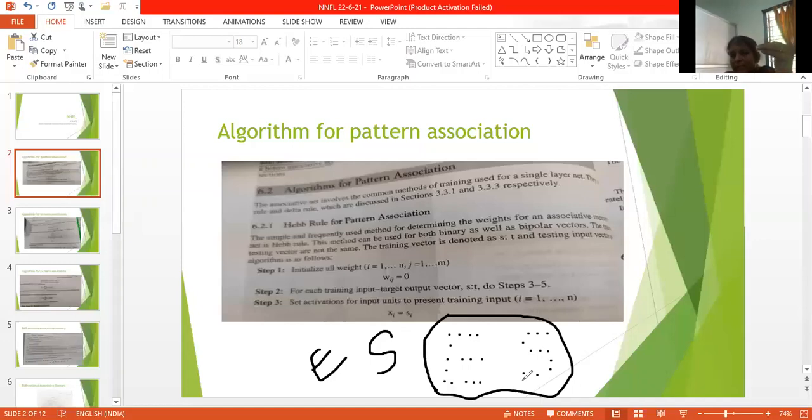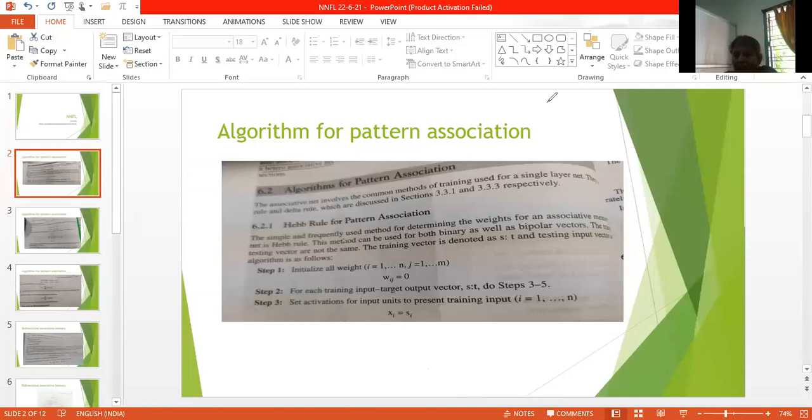So how will these patterns be memorized in your associative memory network? You need to train your neural network as per the patterns. First let us discuss Hebb rule for pattern association.